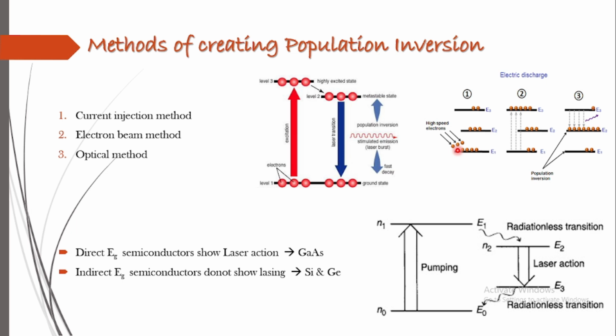So phonon is involved means again lattice vibration, which is going to create some heat in the system. So these are the methods, and the type of semiconductor which is going to be preferable is the direct band gap semiconductor itself. So gallium arsenide is one of the options for it.